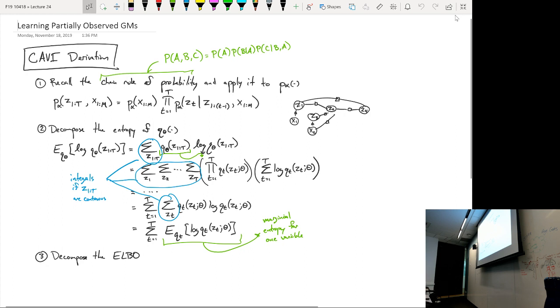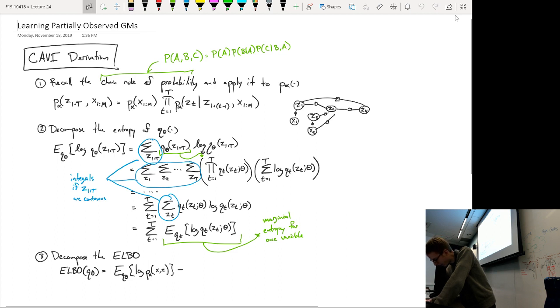So I think this is the second term in the ELBO, so let's write down the ELBO, just so that we actually remember what it is. So ELBO of q_theta is an expectation under q_theta of, it should be first the log of x and z, minus the expectation of log q_theta of z.